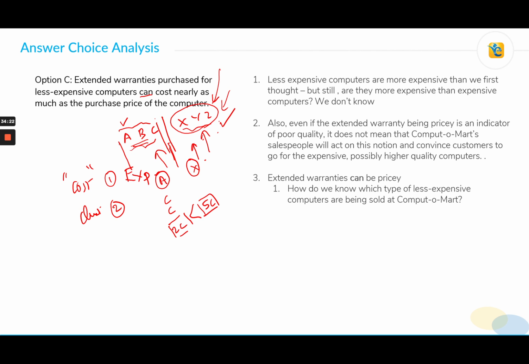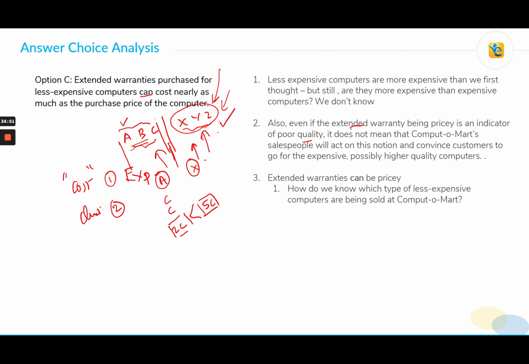So just the fact that the extended warranty is somewhat pricey does not tell you that the cheaper computers are going to be less preferred as compared to the expensive computers. Not necessarily. Likewise with quality, even if this particular extended warranty is a signal of poor quality, it does not mean that the customers will automatically gravitate towards X or Y or Z. You don't know that.